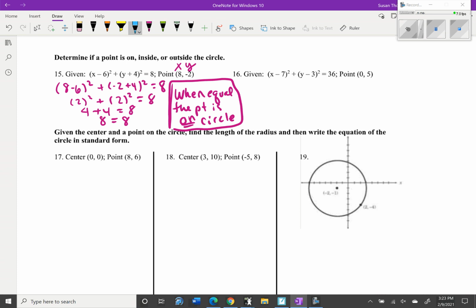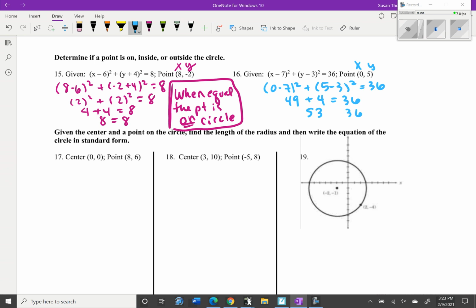So we get x is 0 and y is 5. If we plug 0 in, we would get (0 - 7) squared plus (5 - 3) squared equals 36. So this gives us (-7) squared, which is 49, plus 5 minus 3 is 2 squared, which gives us 4, equals 36. And so in this case, we get 53 equals 36. Well, obviously 53 is not equal to 36.